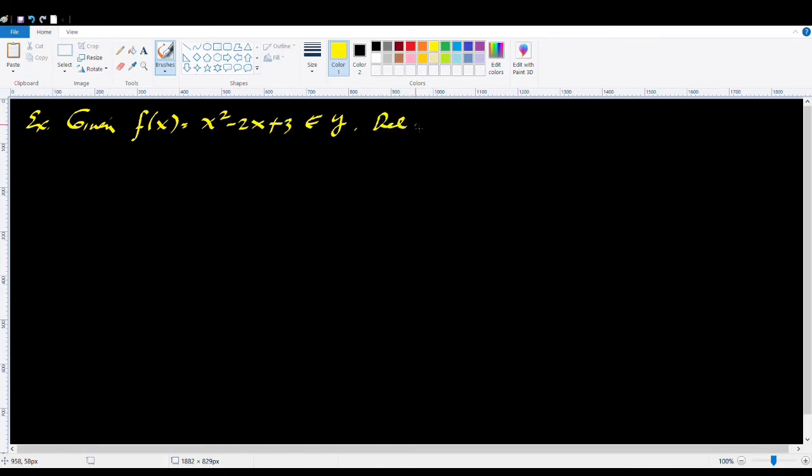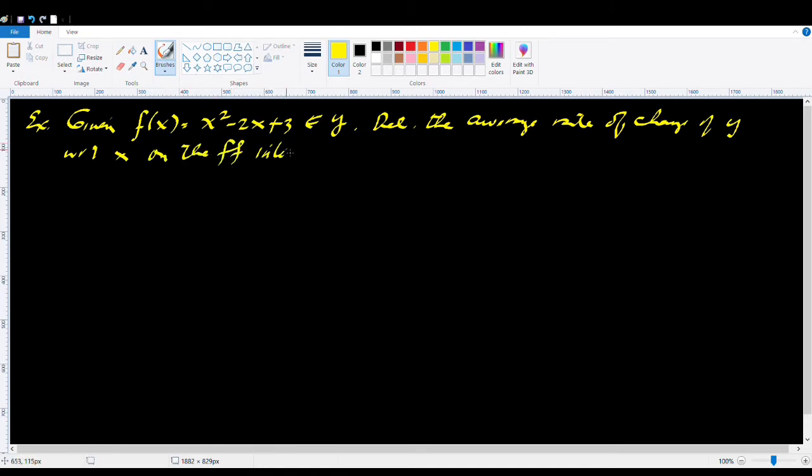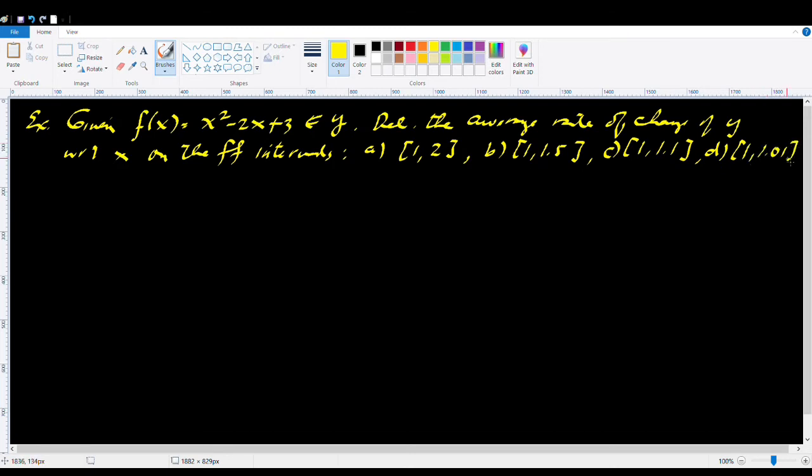Determine the average rate of change of y with respect to x on the following intervals: 1, 2; 1, 1.5; 1, 1.1; and 1, 1.01.